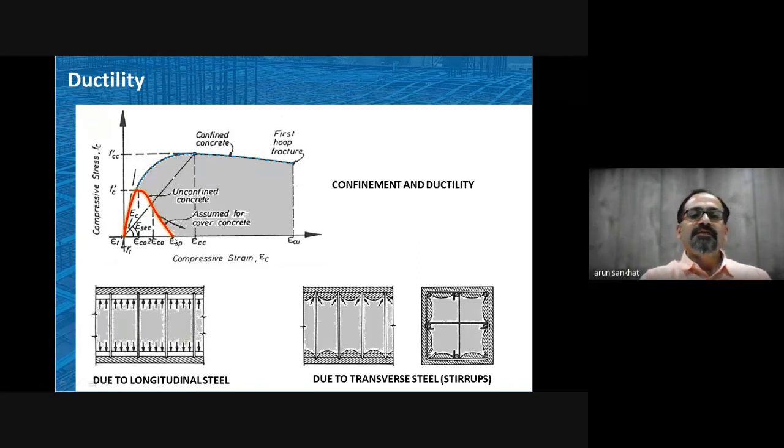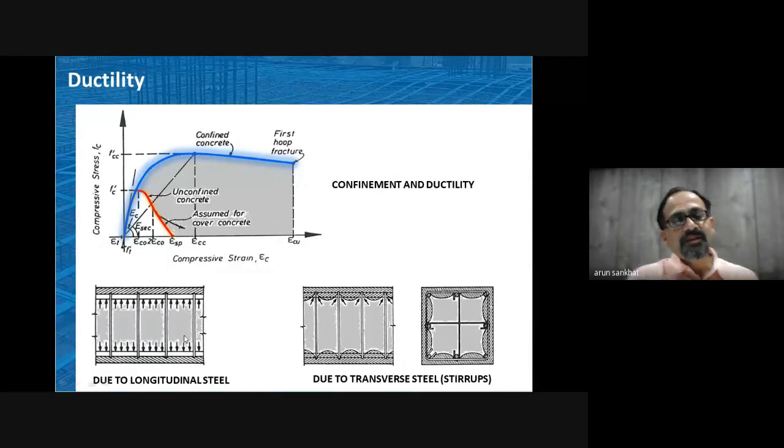If the same concrete is confined with steel, it can generate this particular behavior. So confinement is a prime requirement, a very important parameter, to achieve ductility in a concrete member. This confinement can be achieved through both systems. One is longitudinal steel, which we need to provide.